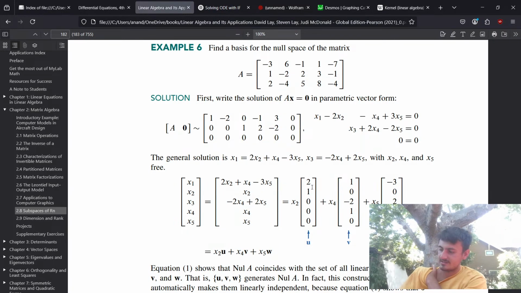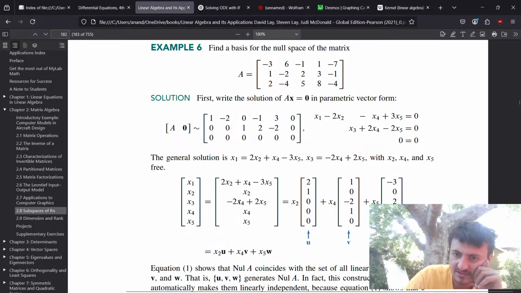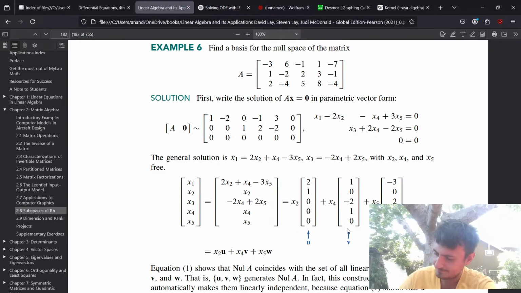All right, that's easy. So this all makes sense, right? For this one, there's a 1 for x4, minus 2 here, and a 1 here. So that's what this is going to be. Let's write it out.